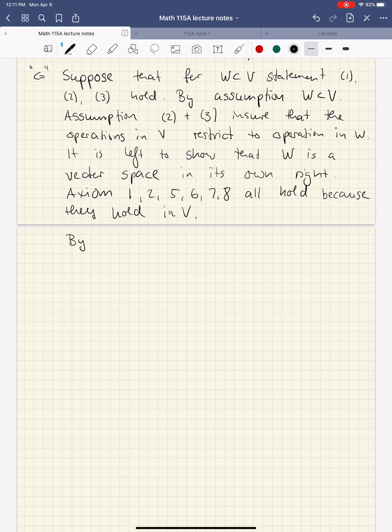By assumption, we have that 0 is part of W. When we assume it's a subspace, we cannot assume that this unique neutral element is necessarily the same. But in this case, we have 0 in W, and we know 0 acts as a neutral element for elements in V, and V is bigger, so it will act as a neutral element for all elements in W. So this is enough now.